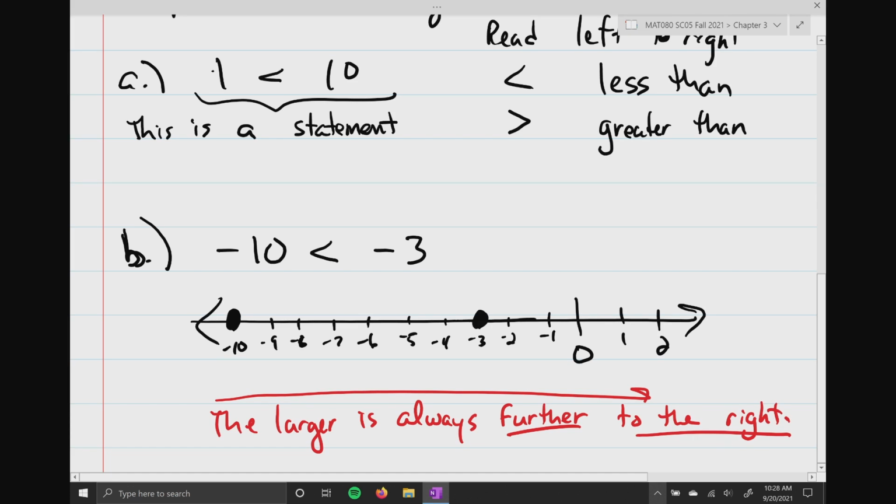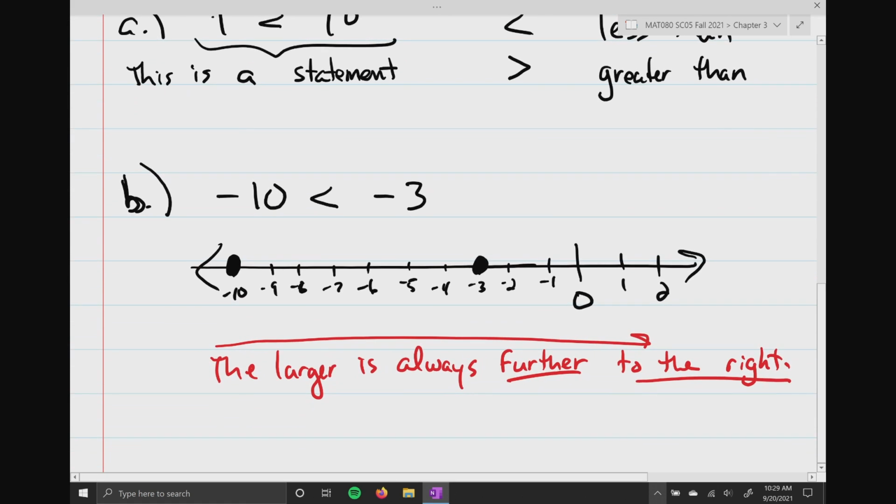In other words, whichever number is further to the right is the larger number. So in this case, since negative 10 is all the way to the left and negative 3 is all the way to the right, I know negative 10 is less than negative 3.